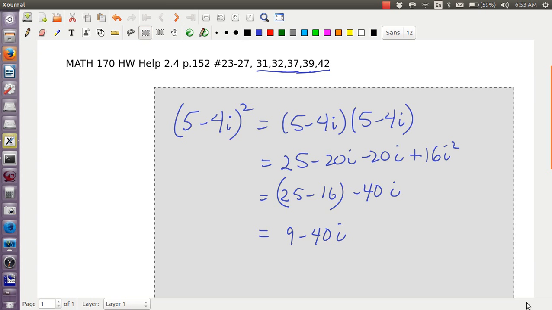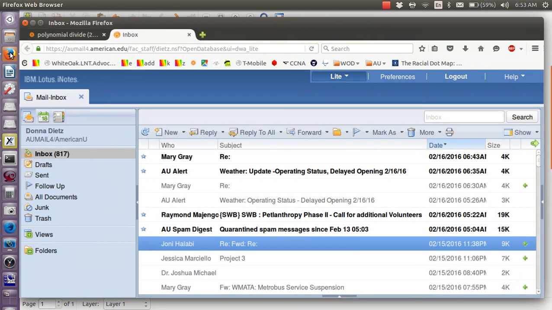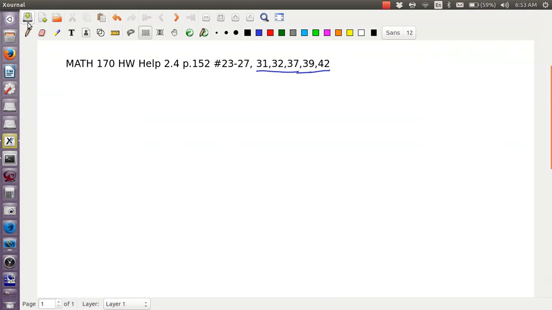And again, you can ask Wolfram Alpha these questions. Let's see how you would ask these questions.